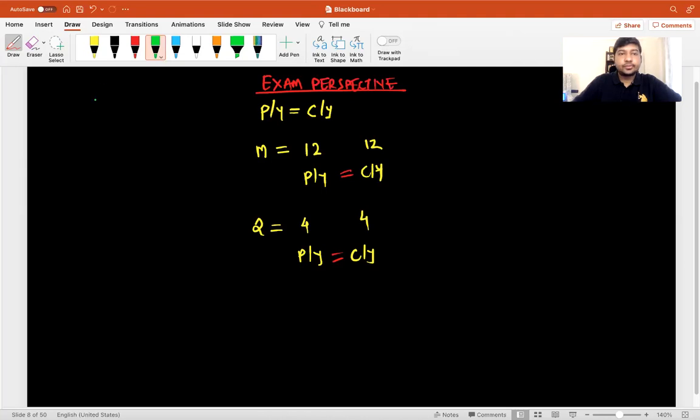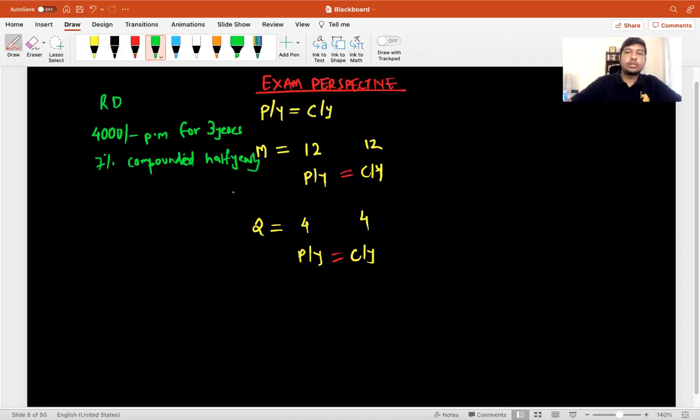Okay, let me give you an example here. Let's say you are investing into a recurring deposit, an amount of 4,000 every month for 3 years, and the interest rate is 7% compounded half yearly.